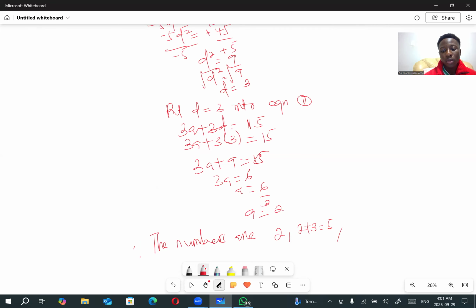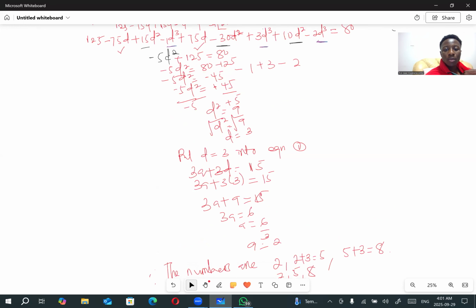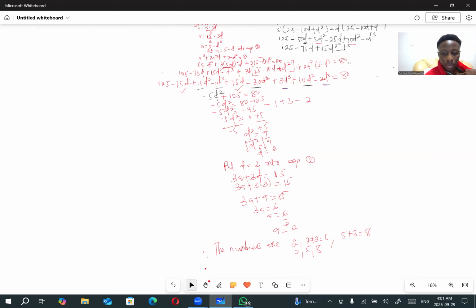And the next one is 5 plus the common difference, which is still 3, which is 8. So 2, 5, and 8. Yeah, that's it, and I believe that's exactly what I marked many of you correct. Well done.